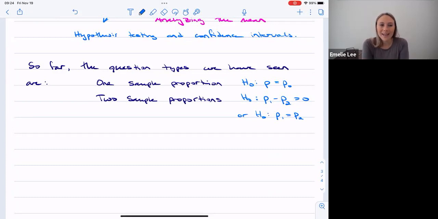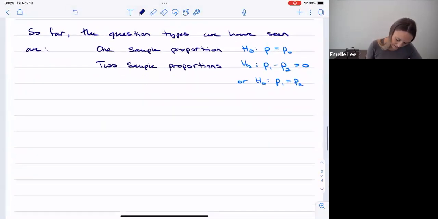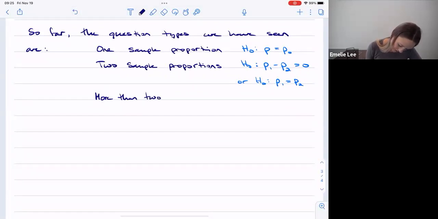And then more than two sample proportions.